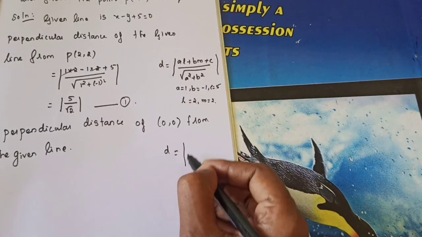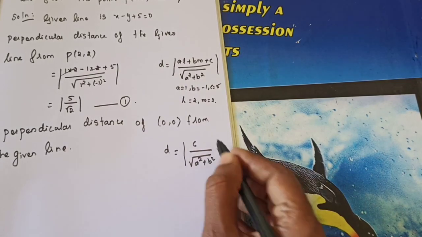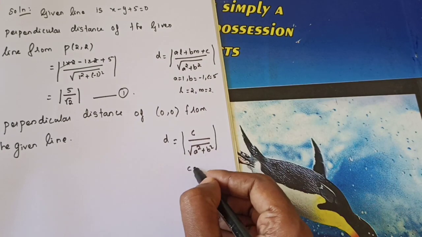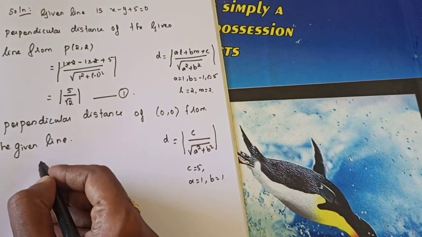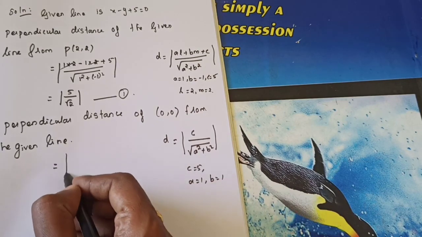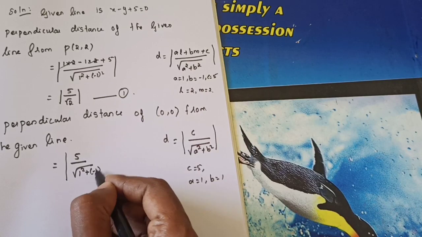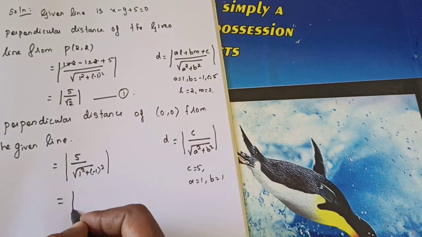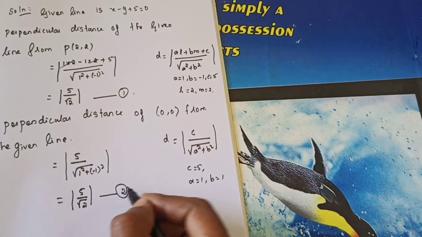D is equal to modulus of C divided by square root of A square plus B square. What's the C value? 5. A value is 1, B value is minus 1. Substitute here. That's equal to modulus of 5 divided by square root of 1 square plus minus 1 the whole square, which is modulus of 5 by root 2. So this is equation number 2.